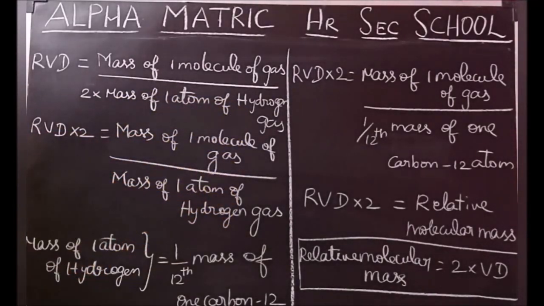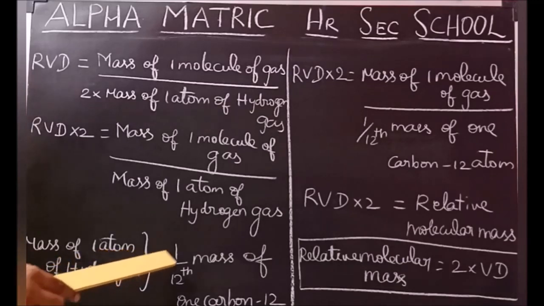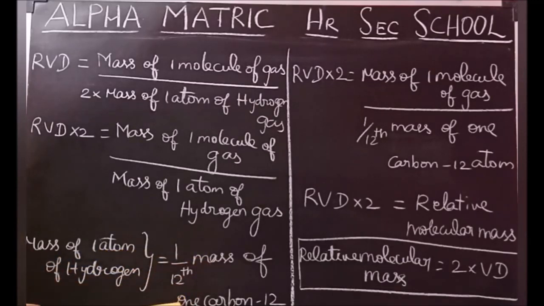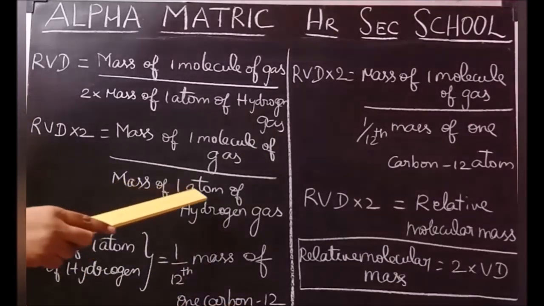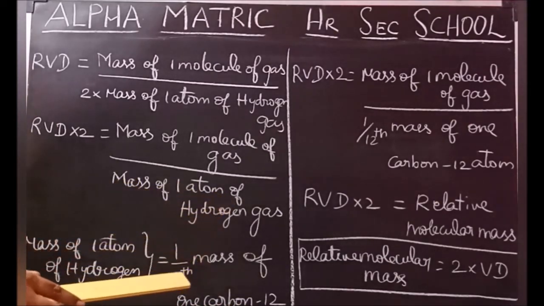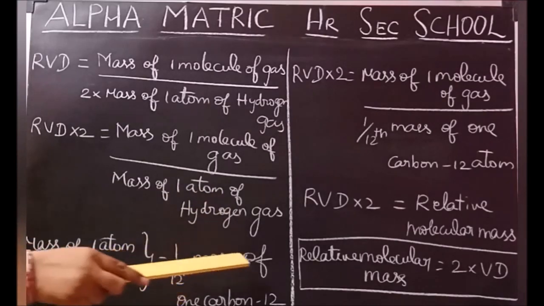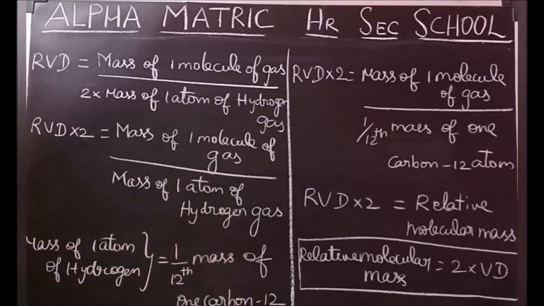When we studied the concept of a mole, we studied the mass of one atom of any element should be equal to 1 by 12th mass of one carbon 12 isotope. So the mass of one atom of hydrogen also equal to 1 by 12th mass of one carbon 12 atom.